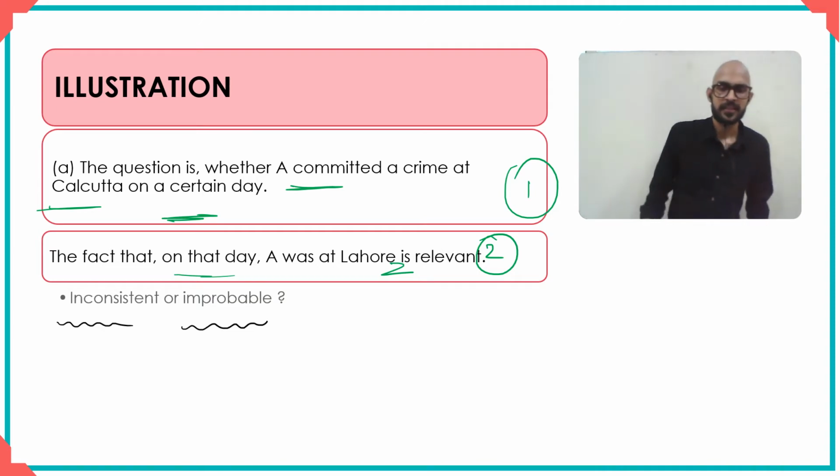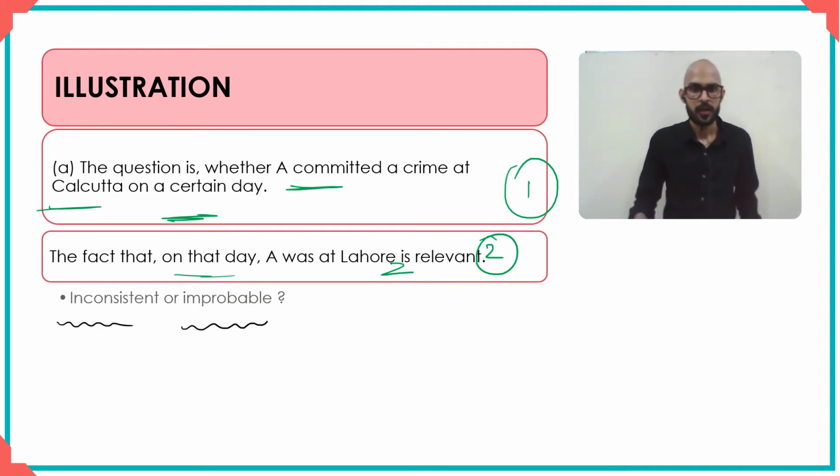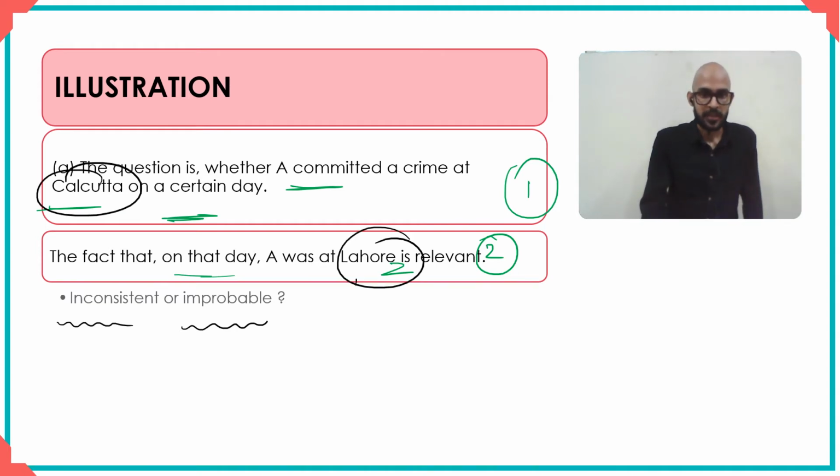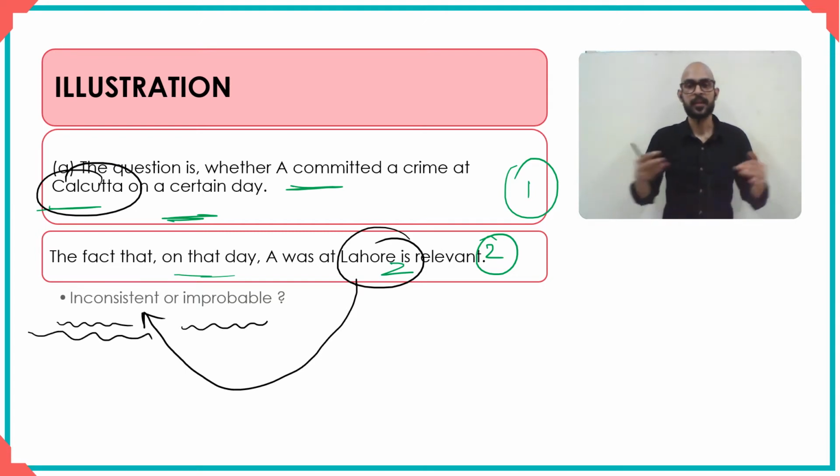If you think that it is absolutely impossible for somebody to be in Calcutta and Lahore on the same day, that would be an example of inconsistency. Two things that cannot simultaneously coexist, right? If you believe that it is possible to go from Chandni Chowk to China on the same day, well, then that is something that is improbable, right?